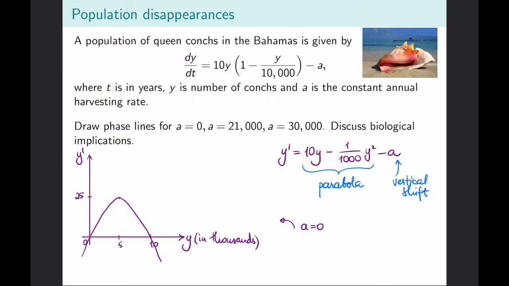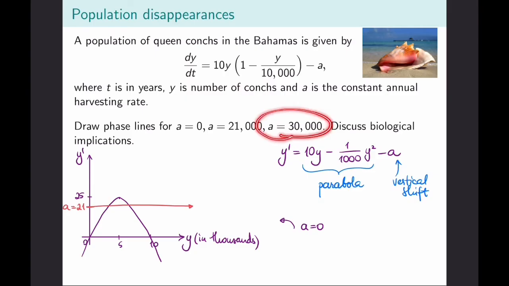The other way to think about this is either I'm shifting the parabola 21 units down, or I'm really shifting this horizontal axis 21 units up. Because that is easier to draw, this is what I'm going to do. If this corresponds to a equals 21, then my horizontal axis will be here.